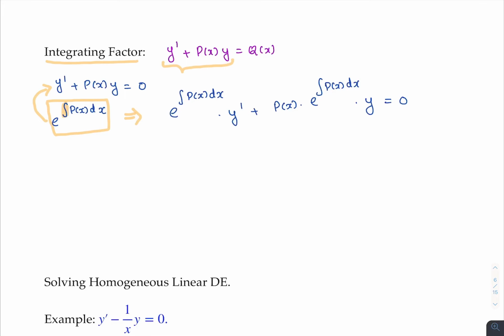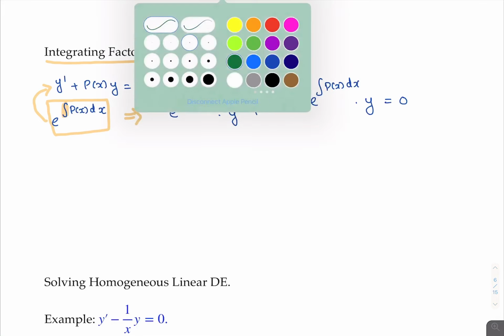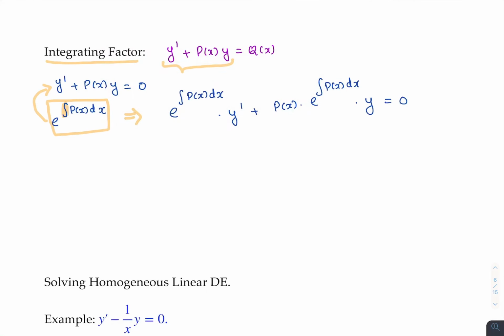I'm kind of going backwards. I want you to find the derivative of this one for me. If I have this function y times e to the integral of p of x dx, use your calculus 1, what would be the derivative of this particular term? You can use the chain rule, and you can use the product rule, and then you're also going to use the first fundamental theorem of calculus to do that.